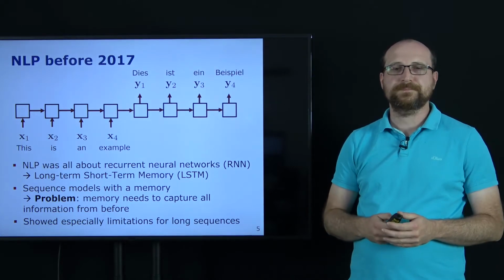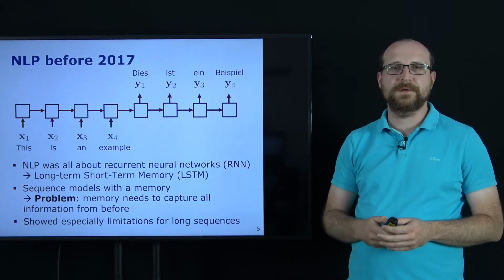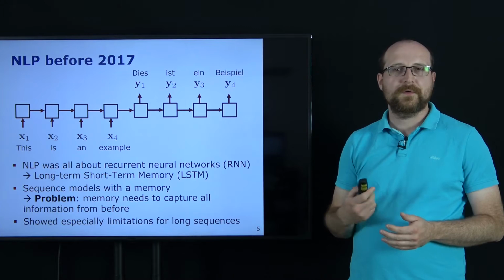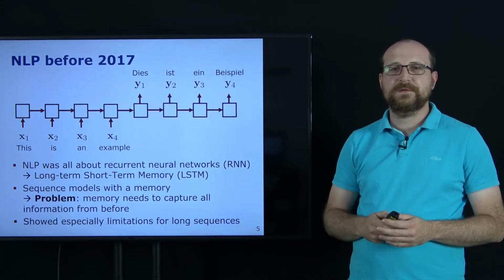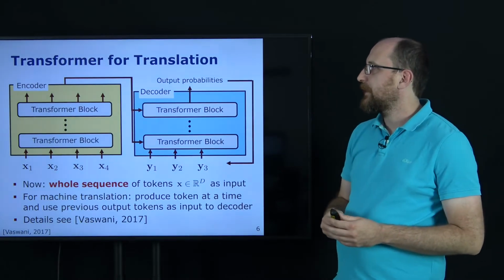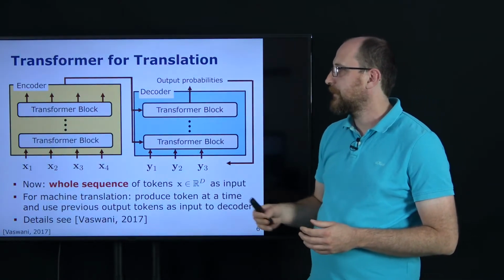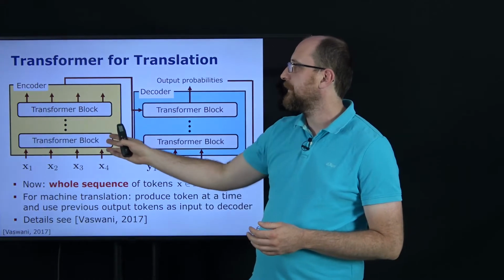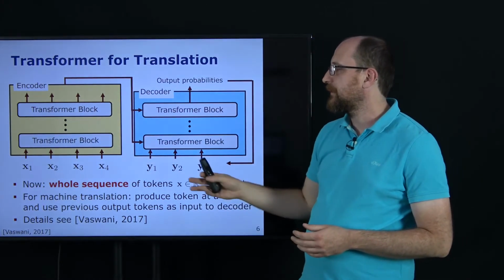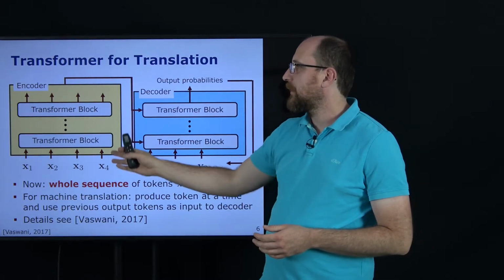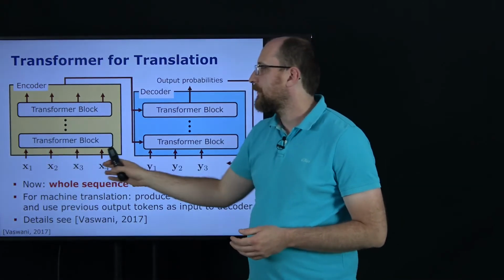the first sentence. And for this, the transformer architecture was very promising, because for the translation task, the transformer architecture looks something like this. So we now have an encoder and a decoder, and as you can see here, the encoder gets all tokens at the same time.